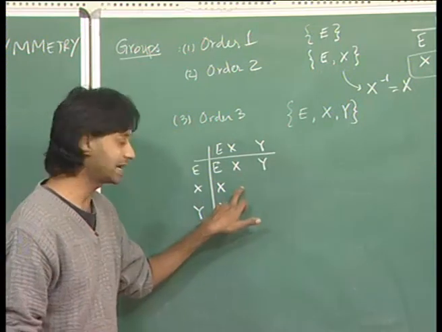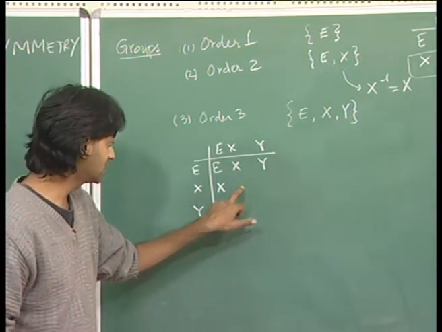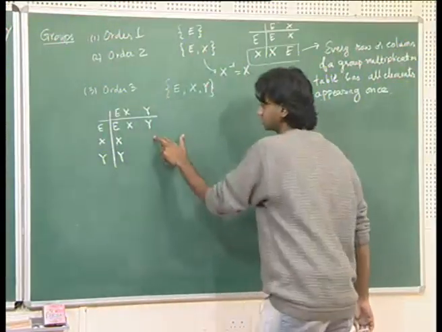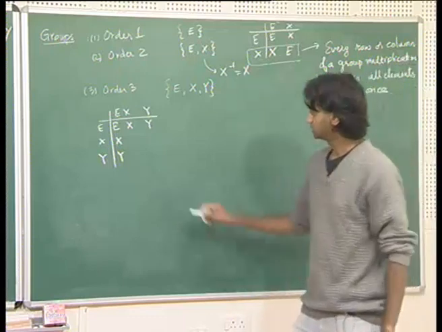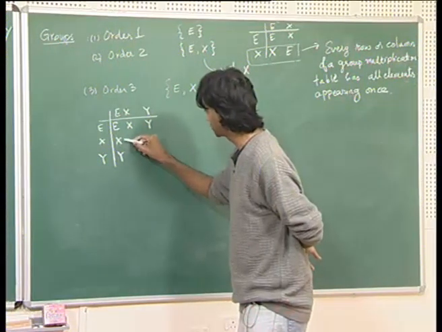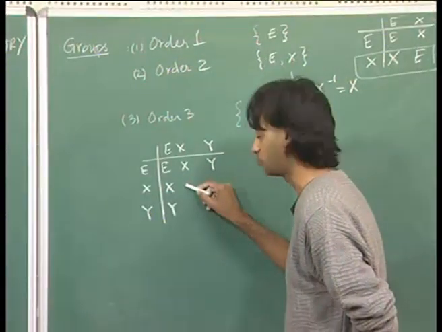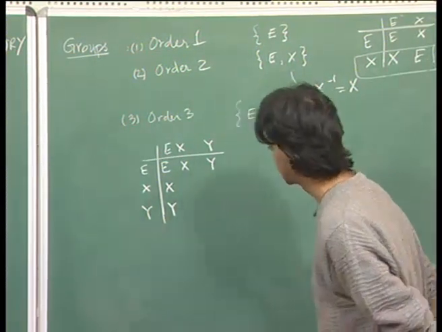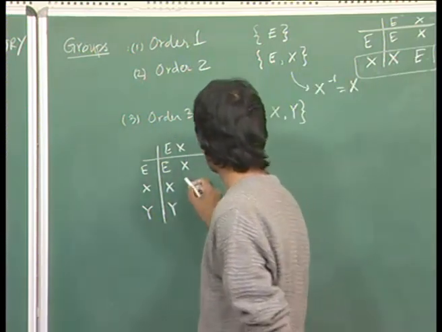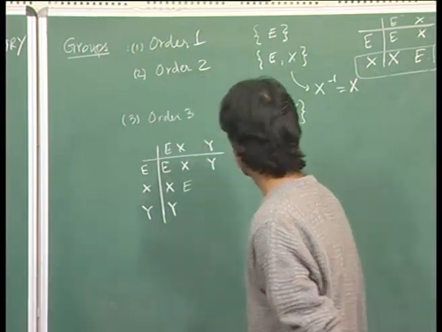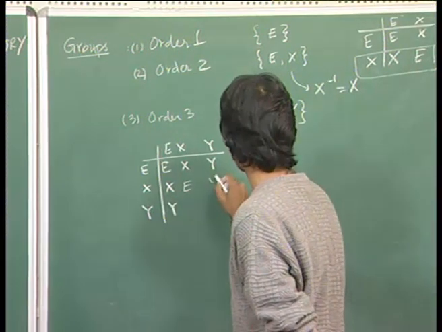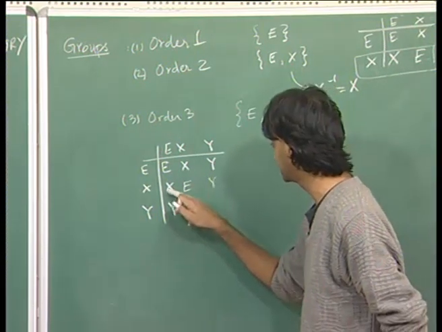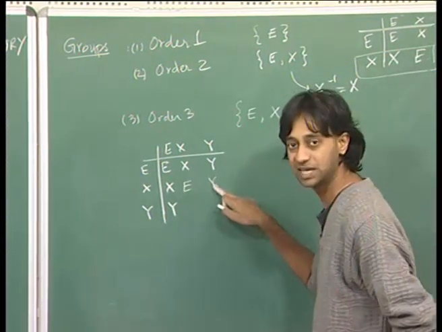Now, X into X can either be the identity or it can be Y. If you look at this row, you already have an X, so you have to have a Y and an E. So suppose X into X is E. Then X into Y has to be equal to Y, right? If X into X is E, then this row has to have X, E and Y. So therefore this has to be Y.